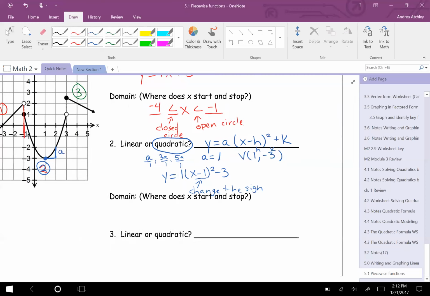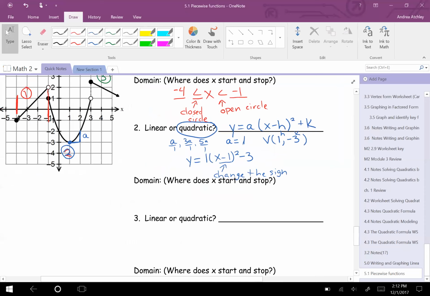Moving on to the domain. Domain is where does the x start and stop. We always start off with the x in the middle and our less than signs around it. We want to see the x value where that parabola begins.